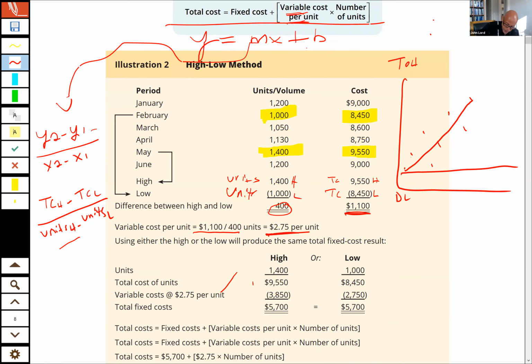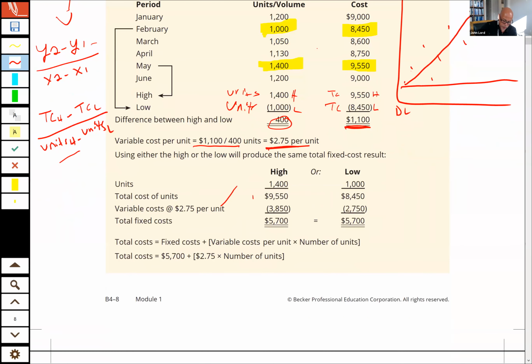Now once I know what my variable cost per unit is, I can use either the high or the low. I'm going to stick with the example here, where they use the high total cost, 9550, and then they say 2.75 times 1400 units gives me 3850.